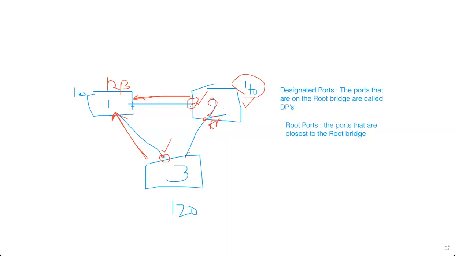And what will be this port? This is called alternate port or blocked port. The port that is in blocked state is called alternate or blocked port.